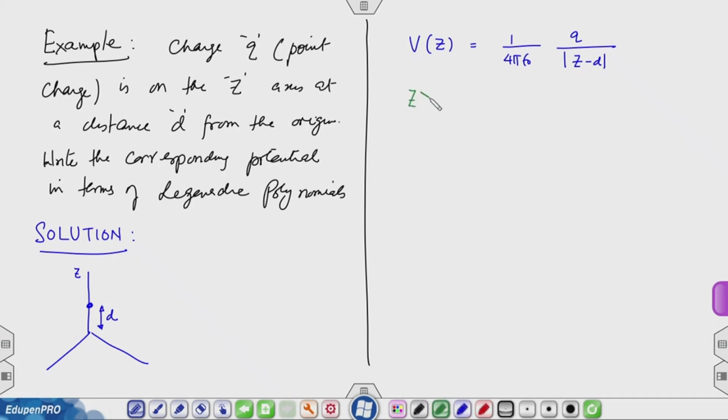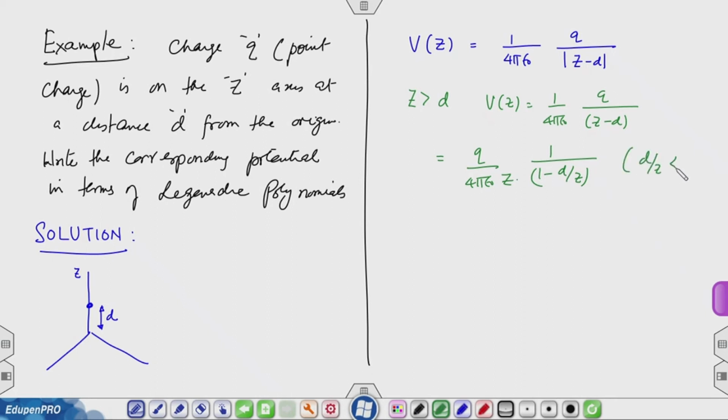One is z greater than d. In that case, the solution becomes 1 over 4 pi epsilon 0 q over z minus d, which is equal to q over 4 pi epsilon 0 z times 1 over 1 minus d over z. Keep in mind that d over z is less than 1.